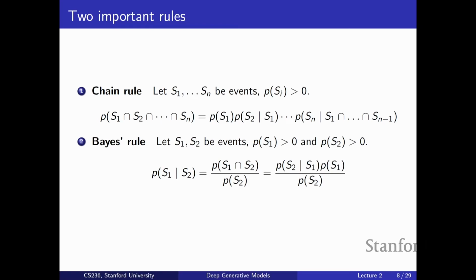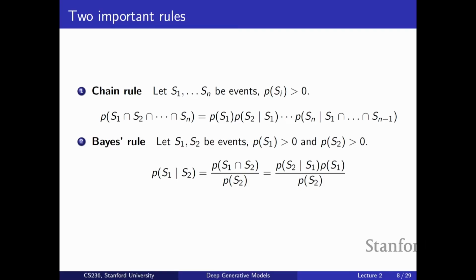The basic idea is that you can always write down the probability of a bunch of events happening at the same time as a product of conditional probabilities. So you can always say that the probability that S1 happens and S2 happens and S3 happens and so forth, you can always write it as the probability that S1 happens by itself, and then the probability that S2 happens given that S1 happened, and so forth. And this is always the case, that you can always factorize a distribution in that form.